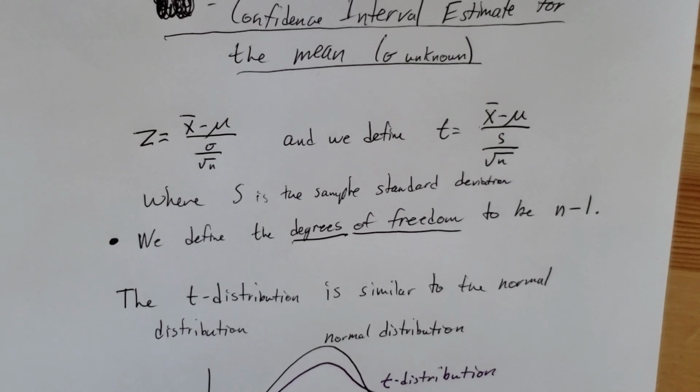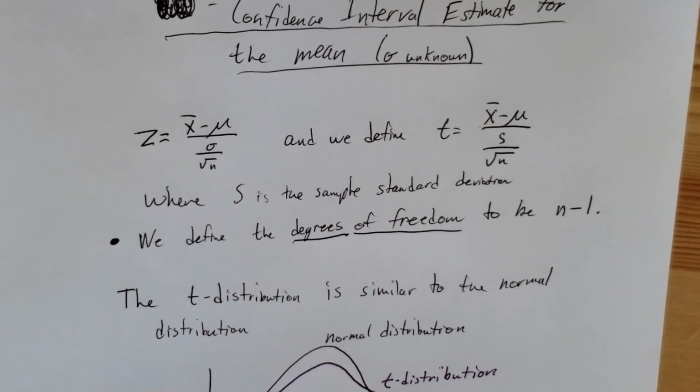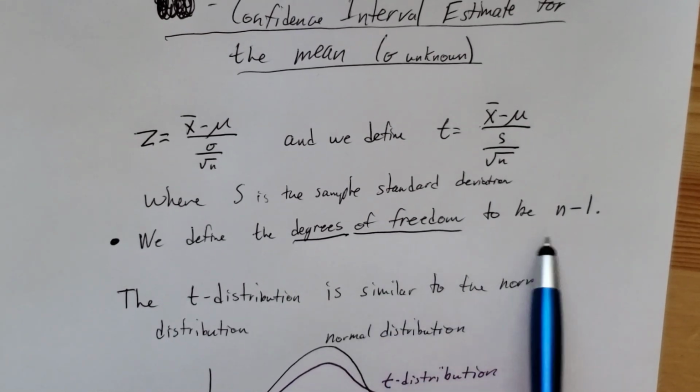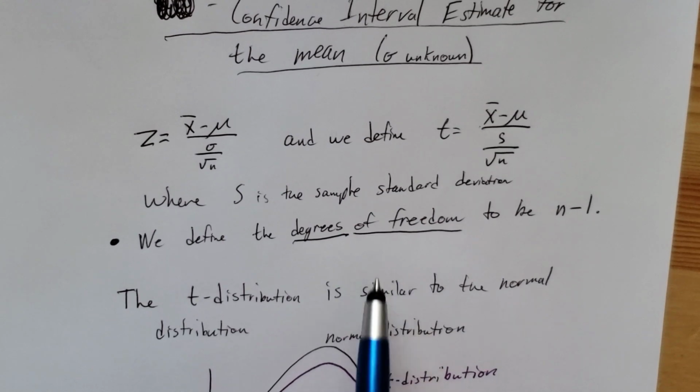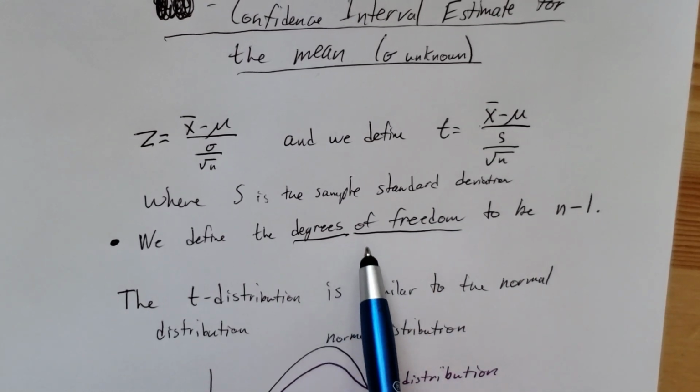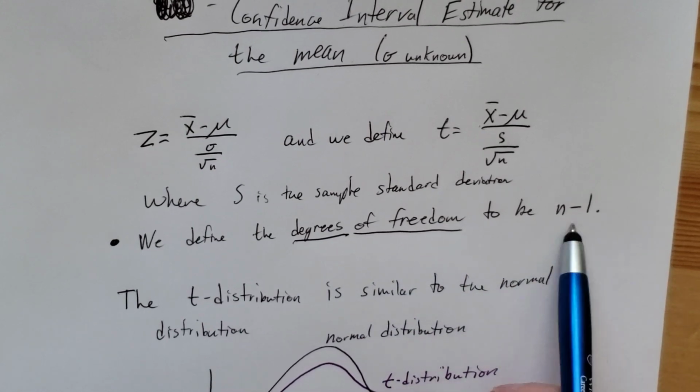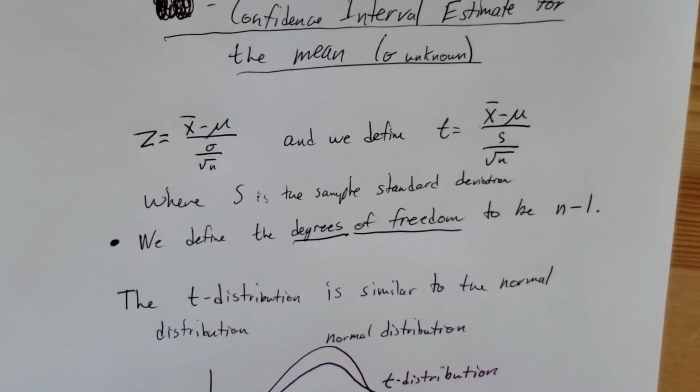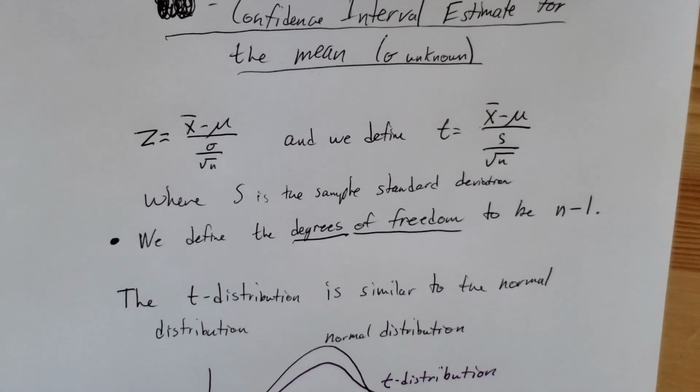We have 9 values that can vary, but that 10th value is set once we know the first 9. That's where the terminology comes from. Essentially, we're just going to use this n minus 1 to help us determine our t-value later for our confidence interval.